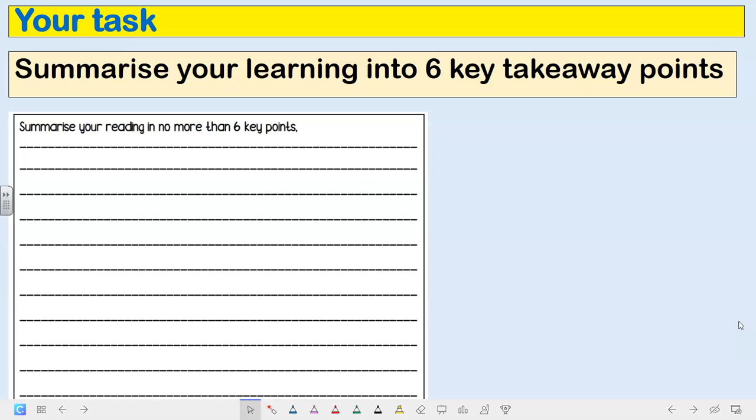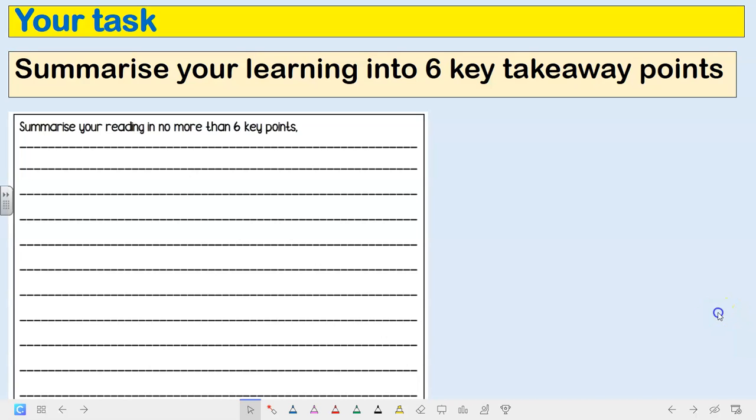Now you can do that either as bullet points with information written, you could draw pictures that demonstrate your learning, or you could do a combination of both. But the key factor here is that you are not including any more than 6 bits of information. So you need to boil down all of those 2.5 pages into what is the most important information.